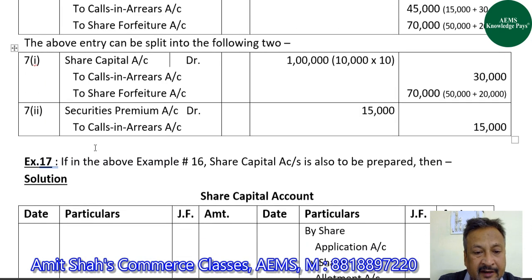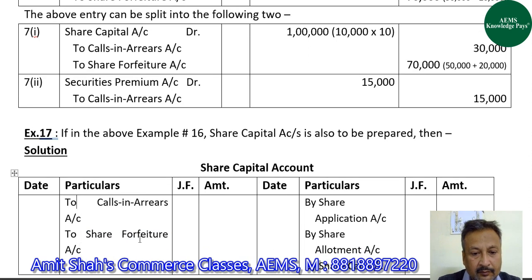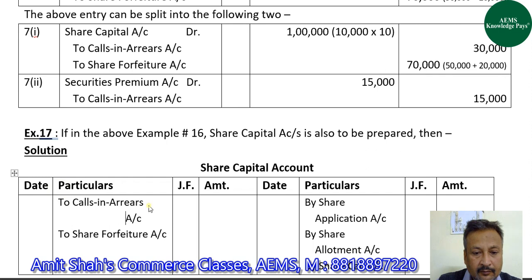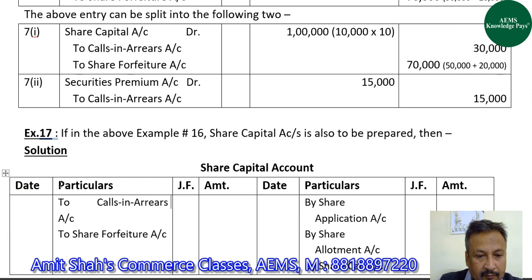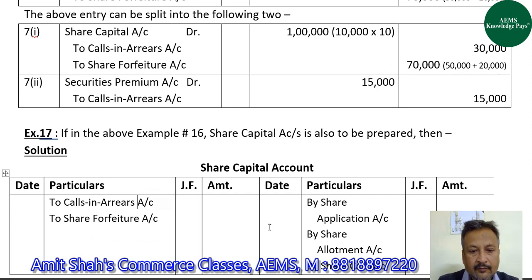So on the debit side of share capital, we'll write to calls in arrears and to share forfeiture account with their respective amounts, that is 30,000 and 70,000.